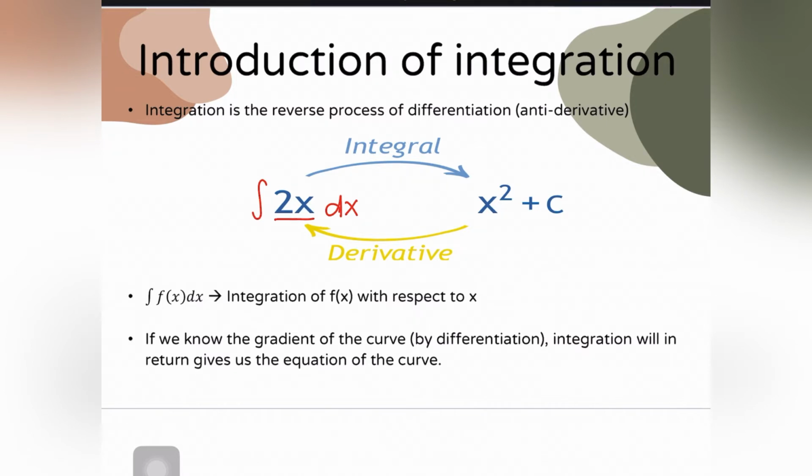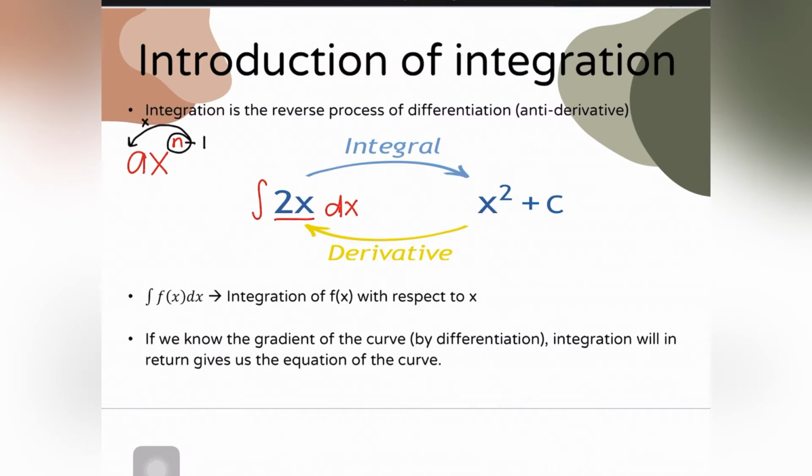So before this, to do a process of differentiation, we need to do 2 steps. The first step is you multiply, and the second step is you minus 1. You have ax to the power of n. The first step if you want to differentiate is you bring n to the front and multiply with the coefficient, and the power n you minus by 1.